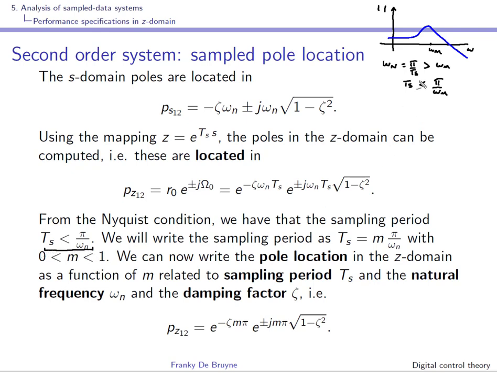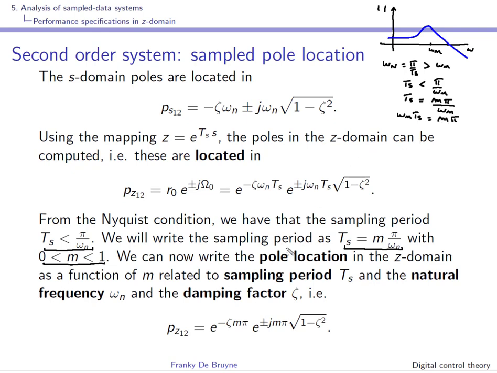So what we'll do is write Ts equal to m pi over omega n, right? And this m will be between 0 and 1. This is what we have written. So another way to see this is that omega n Ts is equal to m pi.